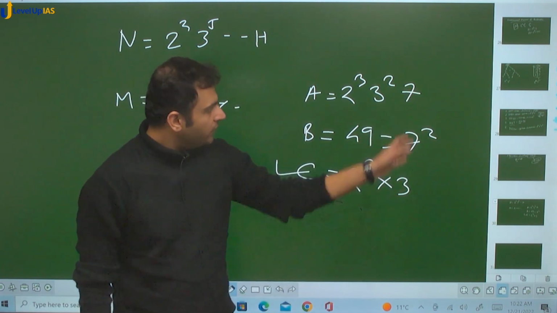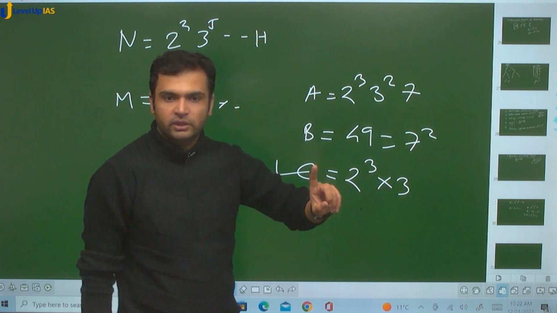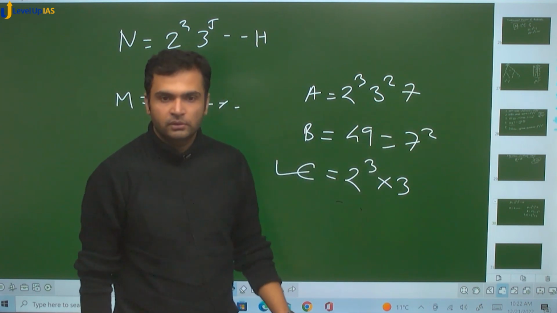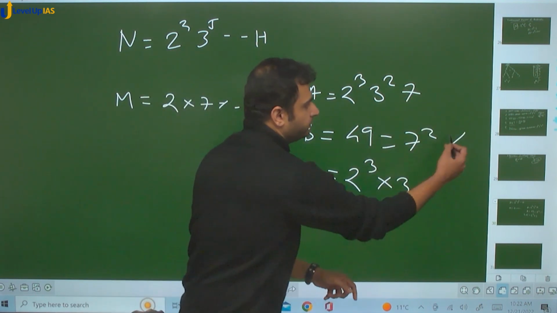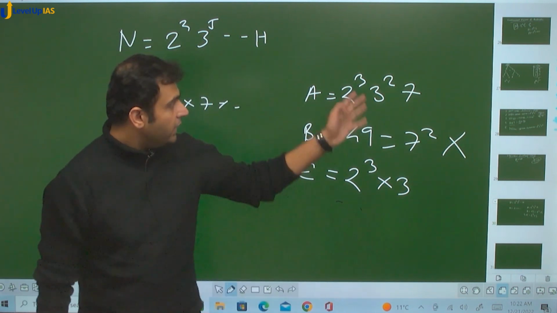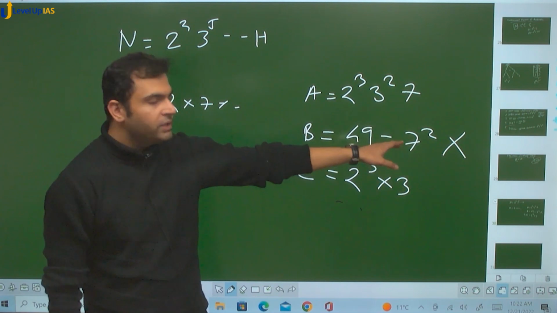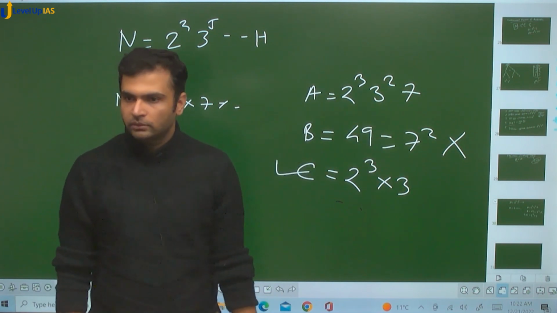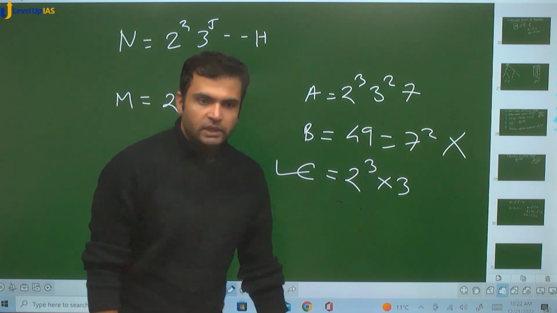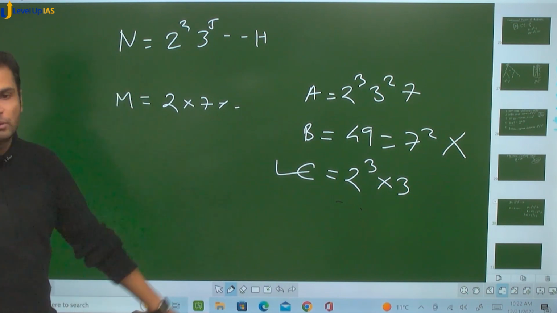No. 7 appears, so 7 raised to 2 is not there. 7 is only once. So this is not a factor, or A is not divisible by B. B is not a factor of A. Clear? That is how we can redefine our concept of divisibility.